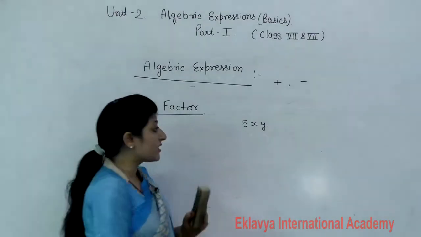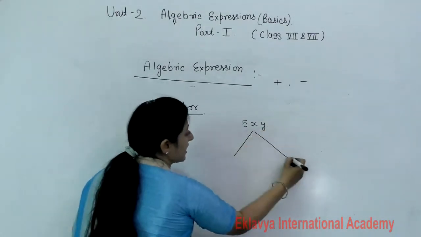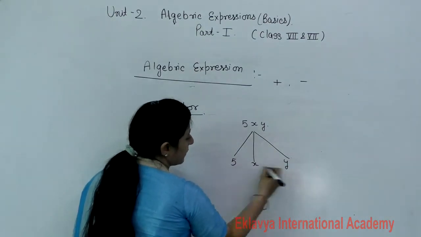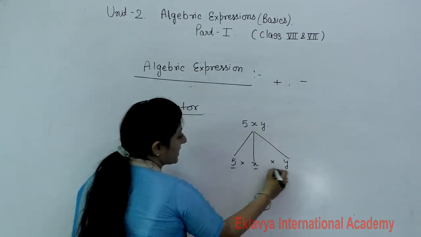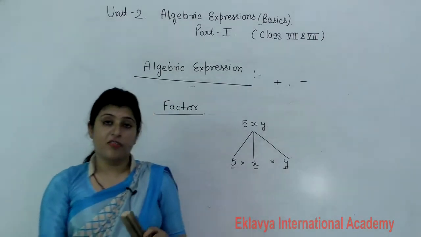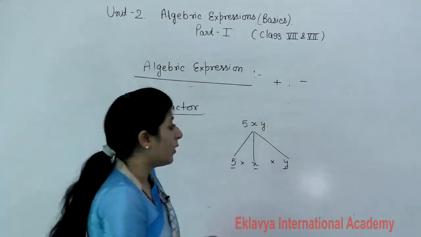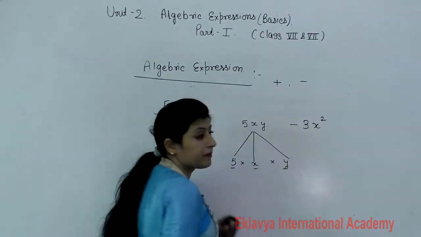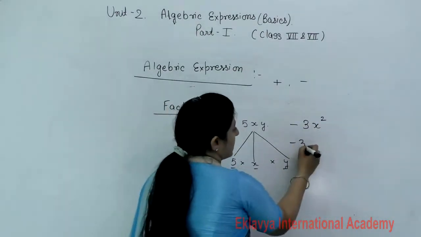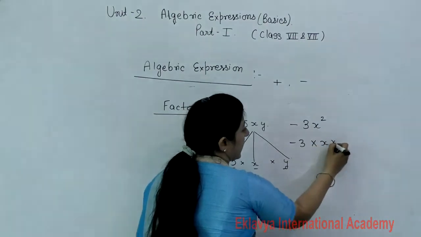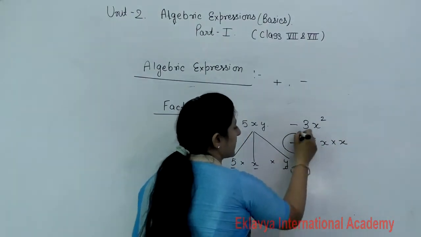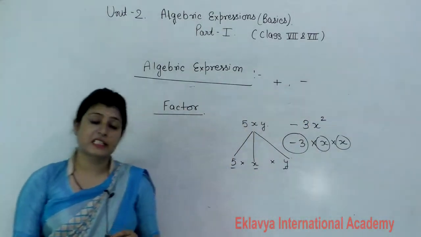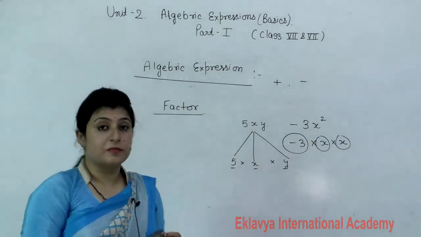Then the factors of this term are 5 into x into y. It means there are 3 factors in it: 5, x and y. Suppose I write down minus 3x square. Then it is minus 3 multiplied by x multiplied by x. Then 3 factors are here: minus 3, x and x.